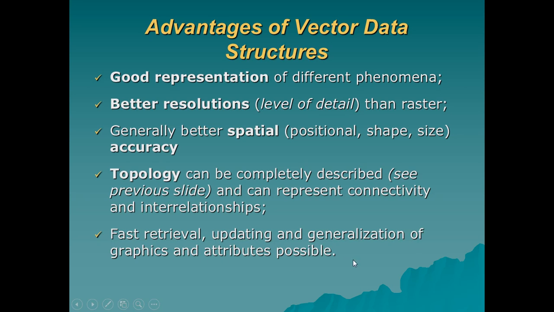So, for example, if you have any errors of lines or points on the screen, it's very easy for you to go in and edit on the screen, and as your map is edited, it automatically updates the attribute table, and vice versa. If you need to, let's say, change a classification in the attribute table, it automatically updates on your map. So that's another advantage of this data structure.